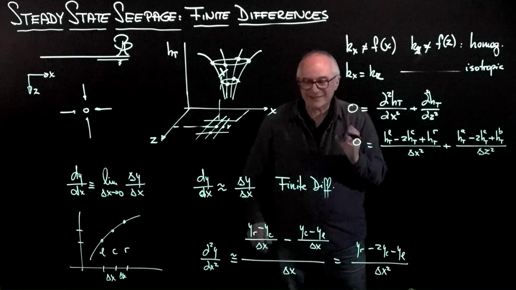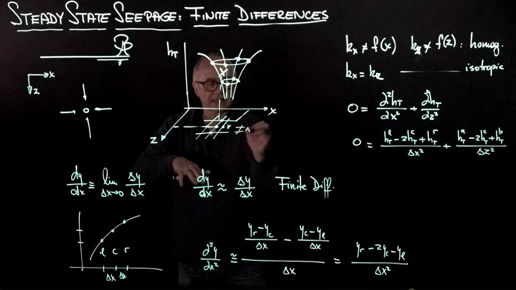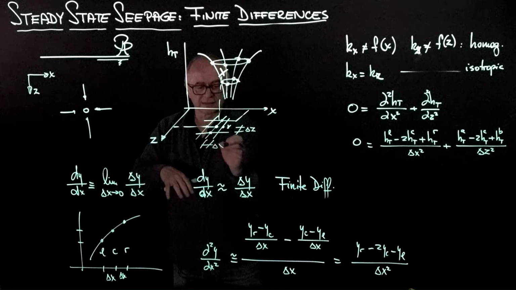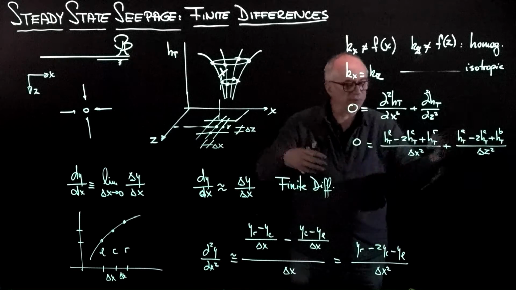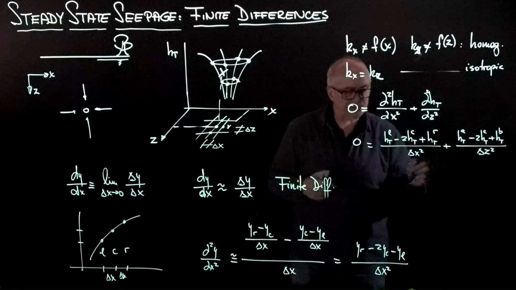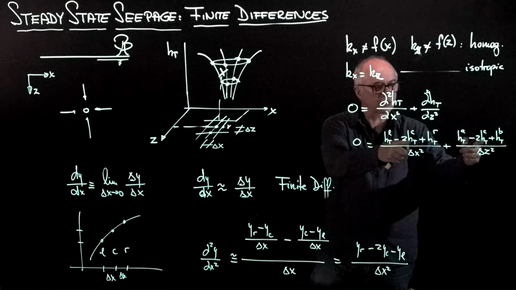If we discretize the space such that delta z is equal to delta x, we can multiply both sides by delta x squared, and the delta x and the delta z go out, and then I'm going to solve for h total at the center.